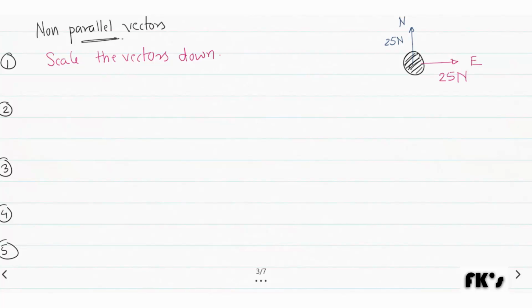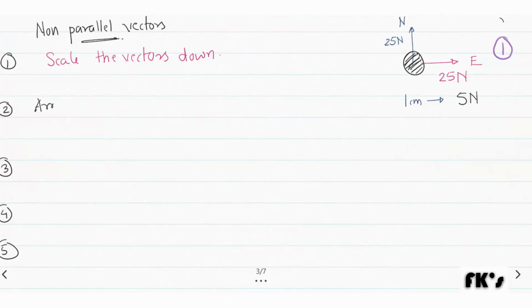So you got it, right? As you can see, the number 25 centimeters, it's impossible for us to draw this on a paper, right? So we're going to be scaling it down. When I say scaling it down, it means that when I draw 1 centimeter of a line on my paper, how much of the vector should it correspond to? 1 centimeter should correspond to 5 Newton on the paper. Okay, so that's my first step.